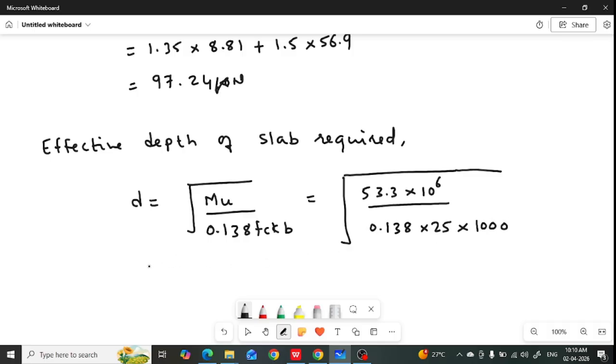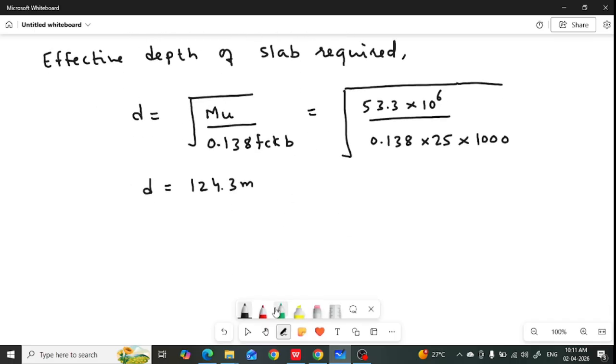Okay. So effective depth, you are getting it as 124.3 mm, and the overall depth that we have provided, capital D, is 250 mm.